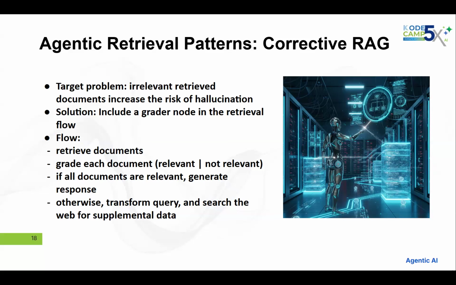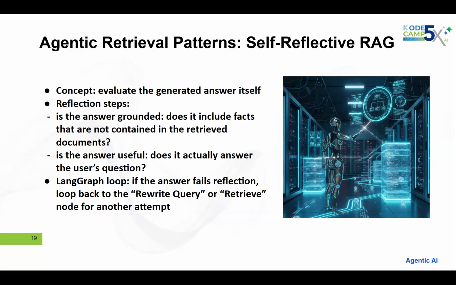Okay, so we continue. Now, another pattern is the self-reflective RAG. Here, the idea is to evaluate the answer that has been generated based on the augmented context. Here, the agent has already retrieved information from some external source, used that information to augment its context, and based on that augmented context, the model generates an answer.